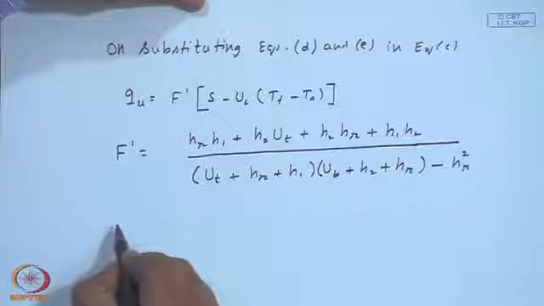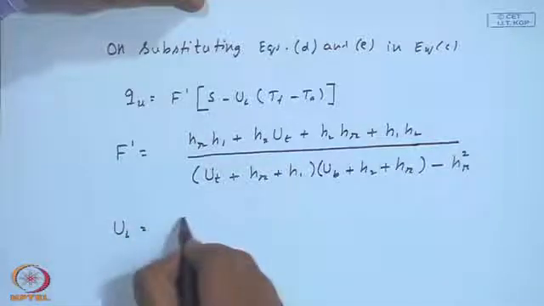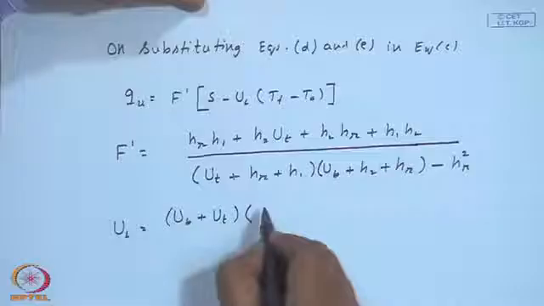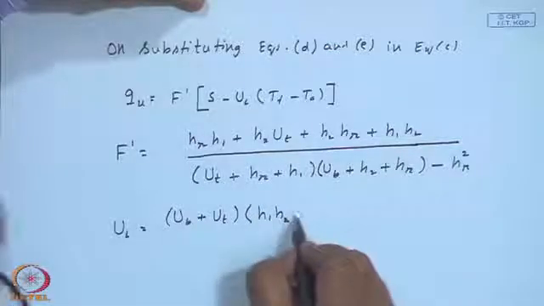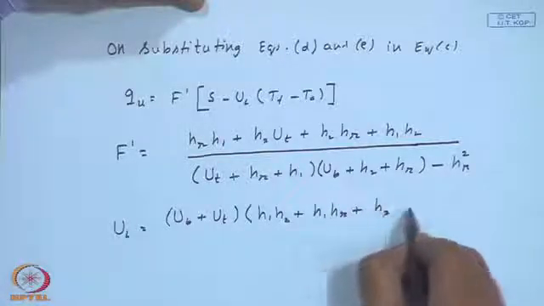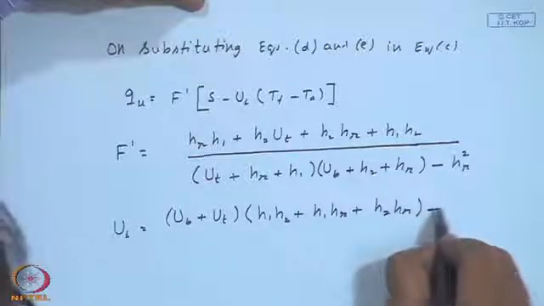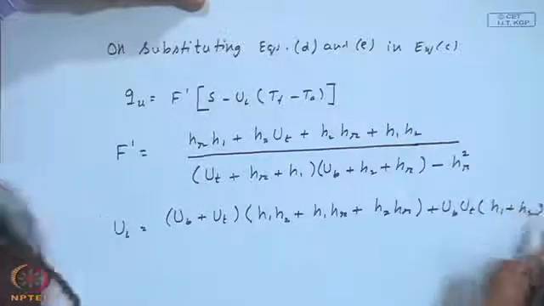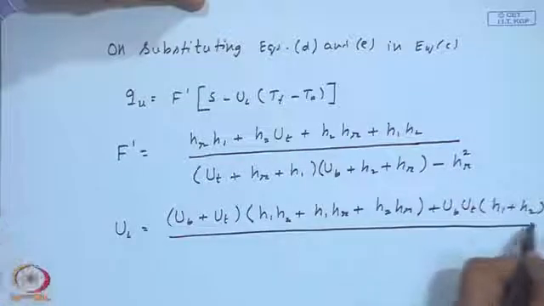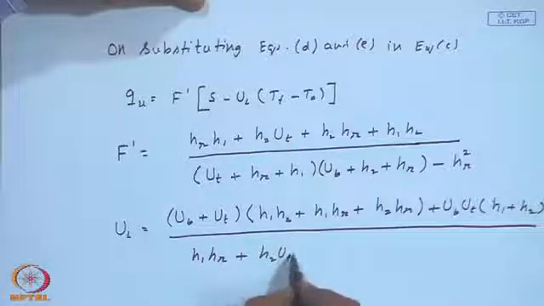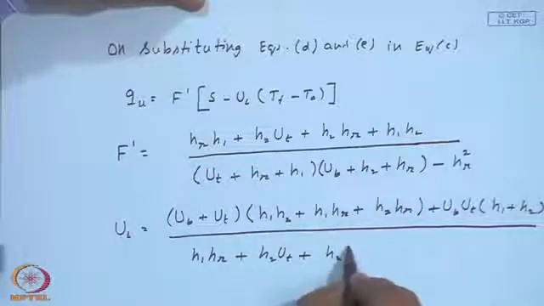And the overall loss coefficient UL is another big equation: Ub plus Ut times H1 H2 plus H1 Hr plus H2 Hr plus Ub Ut times H1 plus H2 by H1 Hr plus H2 Ut plus H2 Hr plus H1 H2.